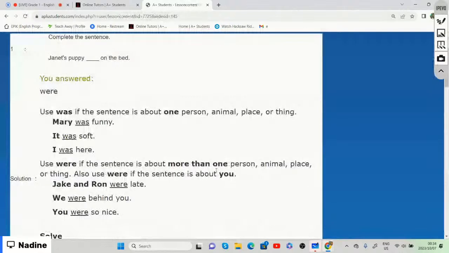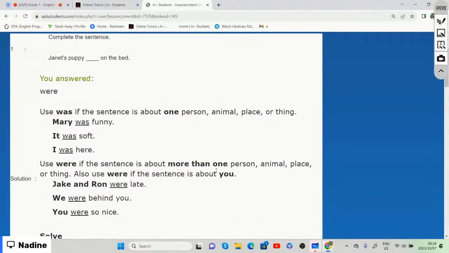We use are to refer to more than one person, animal, or thing. And we use am if we, for example, say I am, right? And we would say, for example, you are referring to you, then we use are. And that was in the present tense.